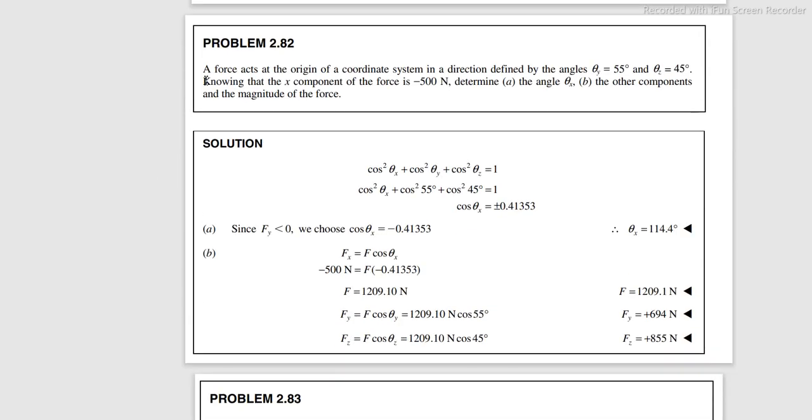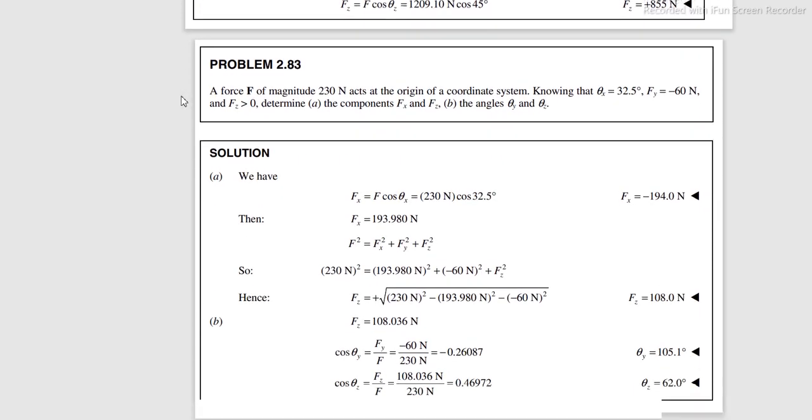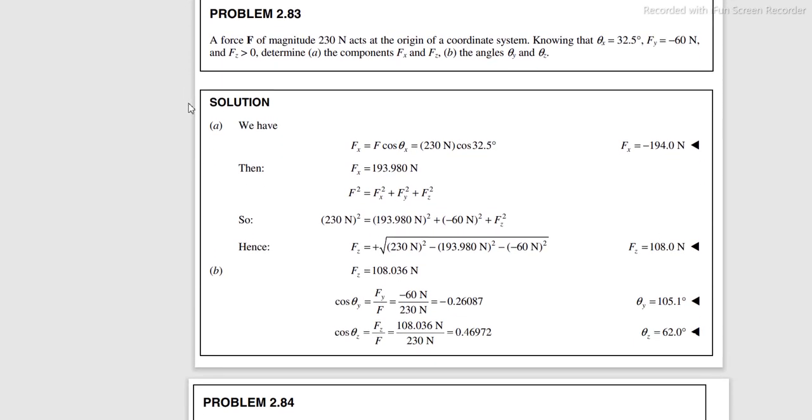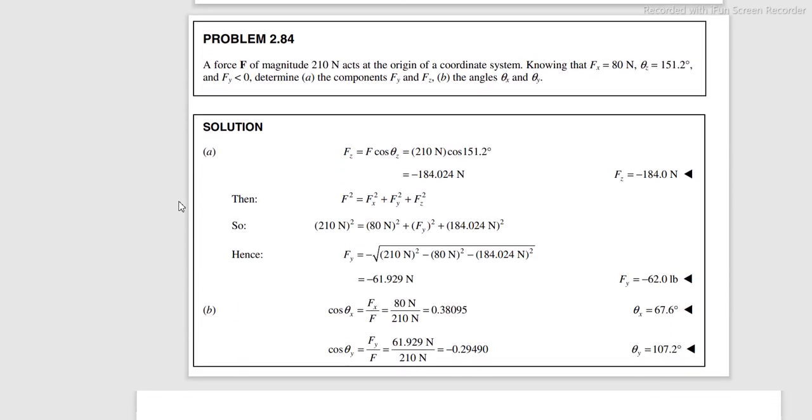Next question, problem 2.82, almost similar question. Problem 2.83, it is also a similar question. The solution is here. Next problem 2.84, that is also similar.